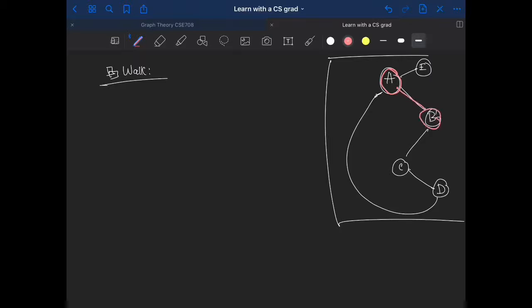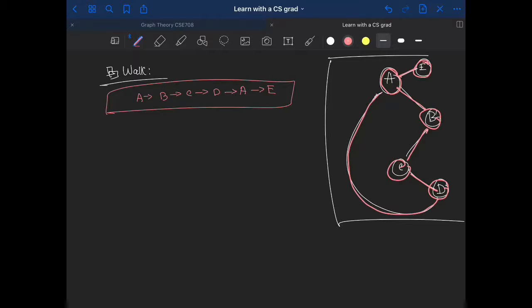From A to B, B to C, C to D, then we go back to A, then from A we go to E. So we traverse the graph in a sequence, right? So we went from A to B to C to D, then back to A, then to E. This is called a walk, where we are basically looking at our traversal path, which nodes we took to go from one place to another.